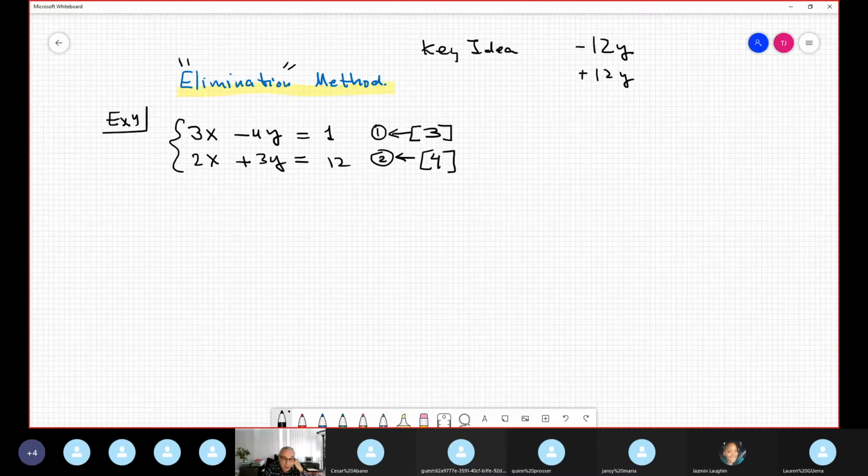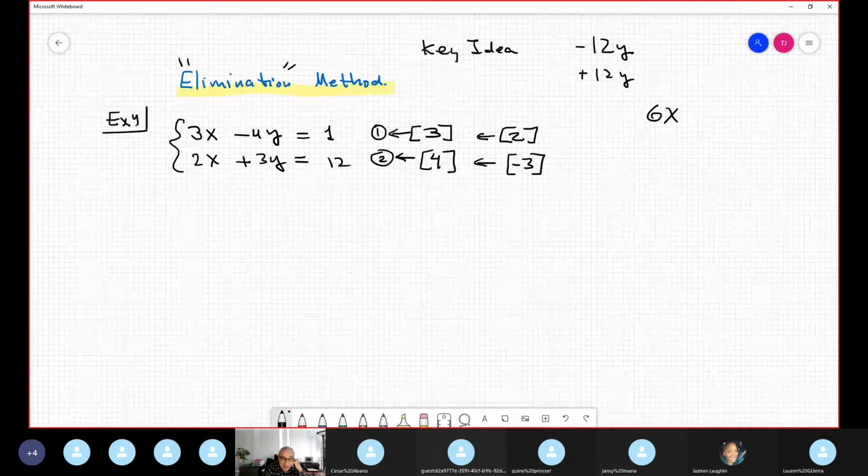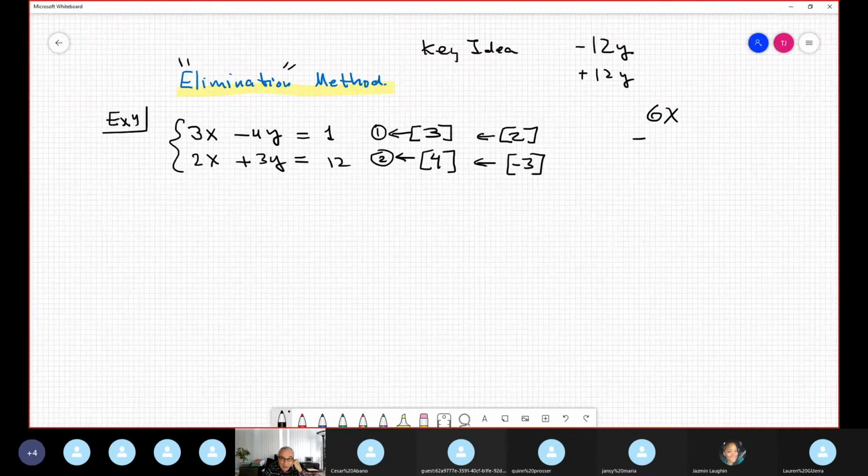However, another possibility is multiplication of this equation by 2 and the second equation by negative 3. Why? Because 2 times 3 is 6x, and negative 3 times 2 is minus 6x. It is another way to do the problem by elimination.